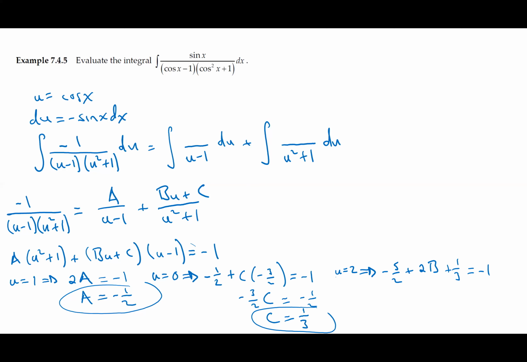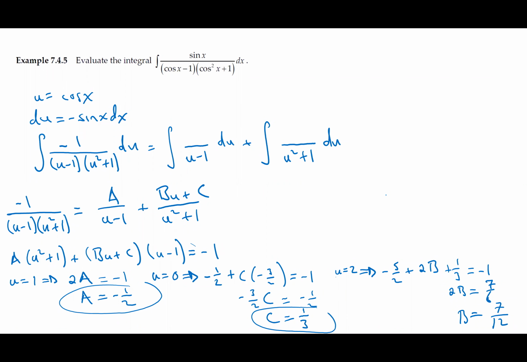So we'll have 2B equals -4/3 plus 5/2, which is 7/6. So B is 7/12. All righty. Now we're ready to go back to our integral.